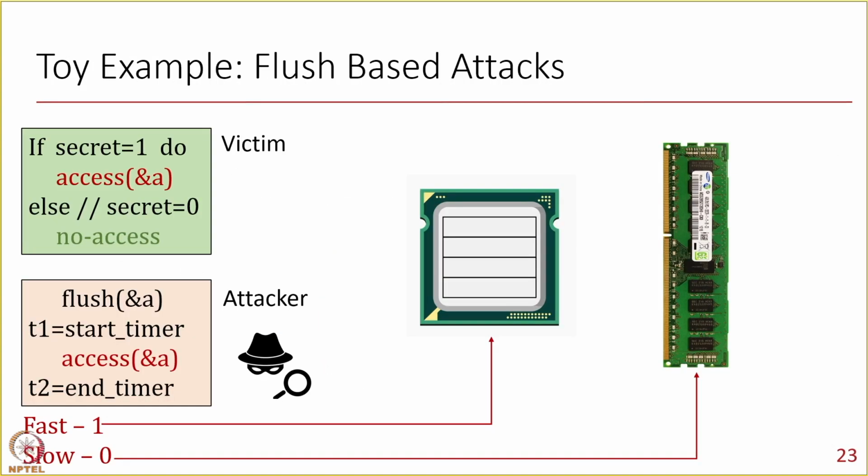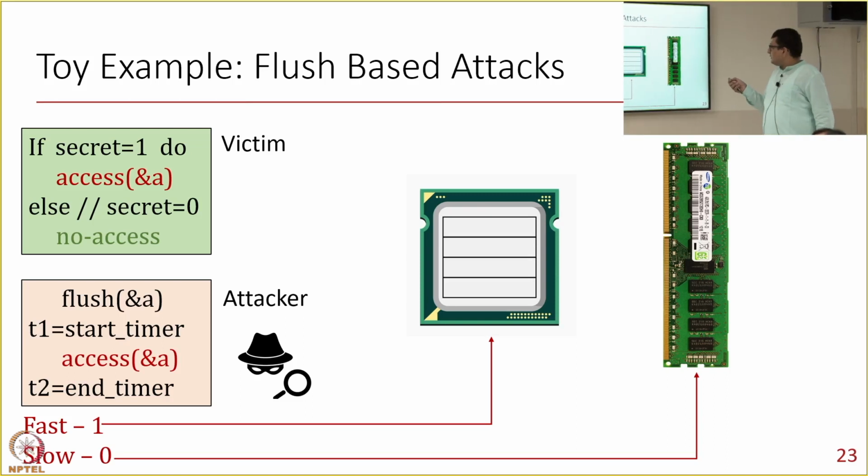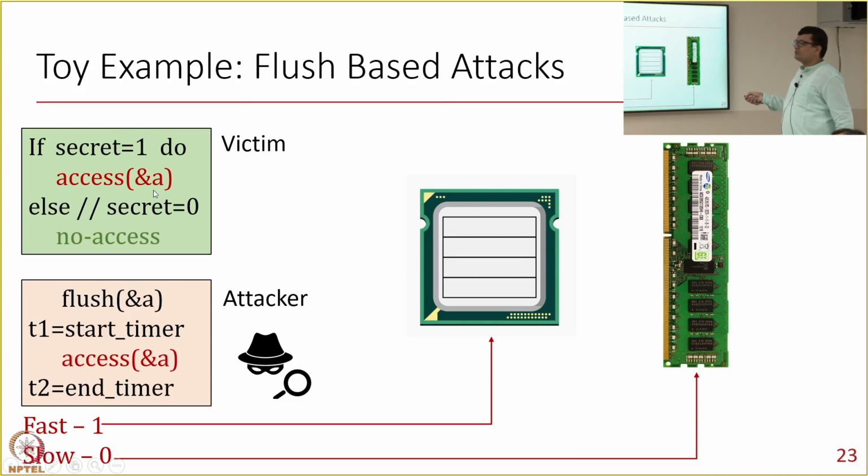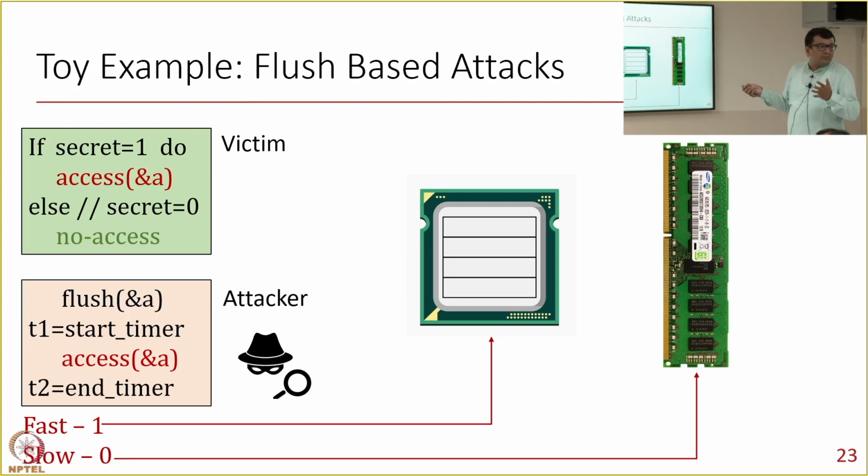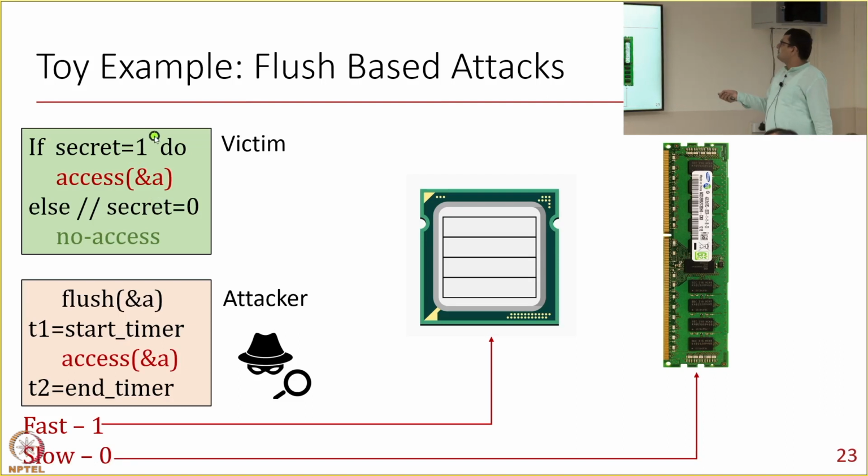So let's see. Can you spend a few seconds looking at it? Can I assume that this is a crypto library? Because we discussed, based on a control flow dependency, there is a different path. Let's assume if this particular secret bit is 1, then you access a particular memory address, otherwise you don't.